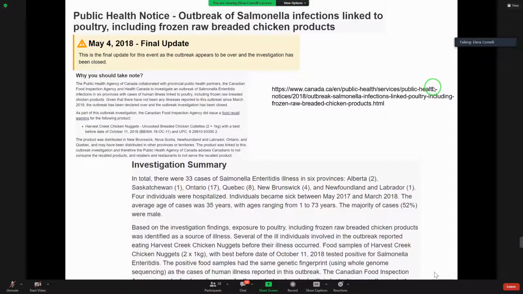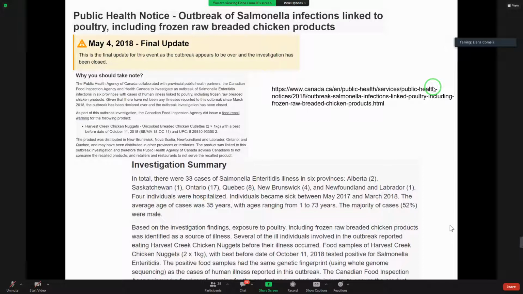You don't have to learn all of this text, but usually an investigation is run, and at the end there is a summary of what has been found, if the source has been identified, and which procedures have been put in place, which may include recalling the contaminated food, and the number of cases and where they were identified.